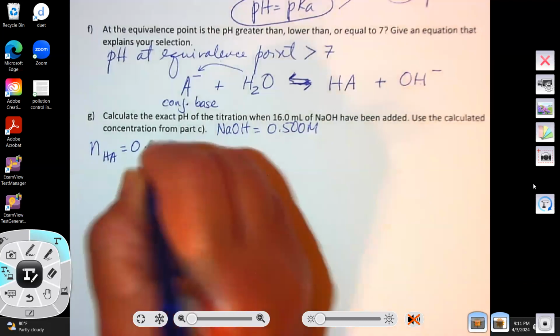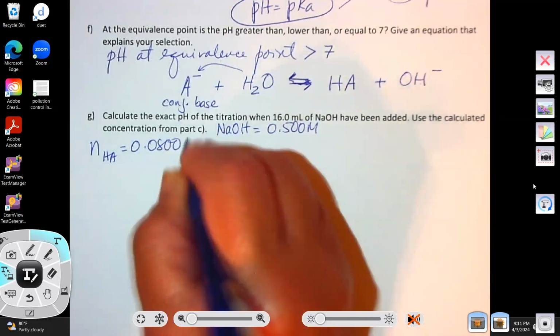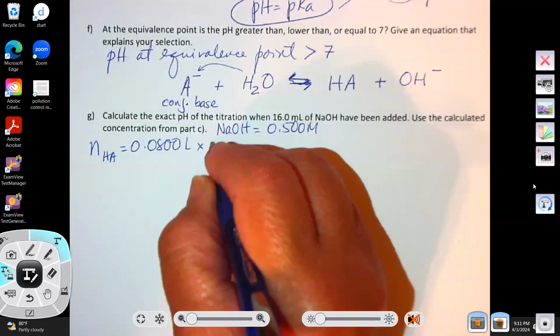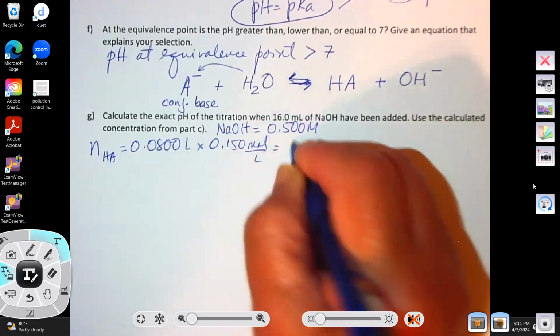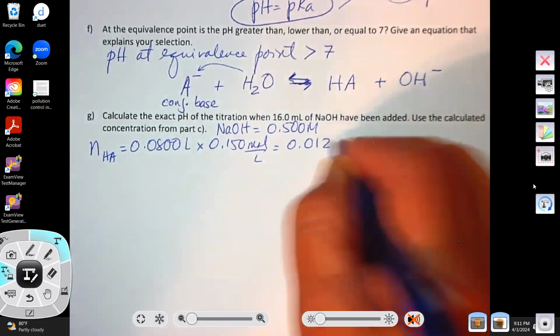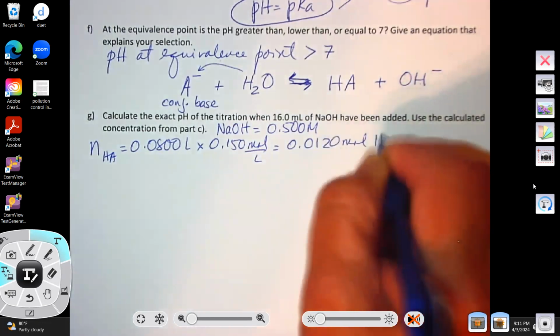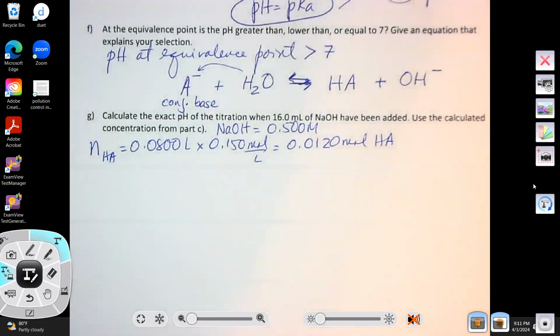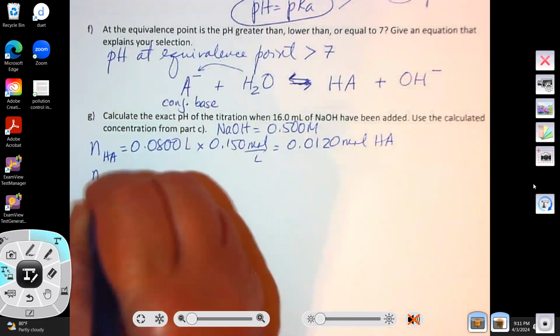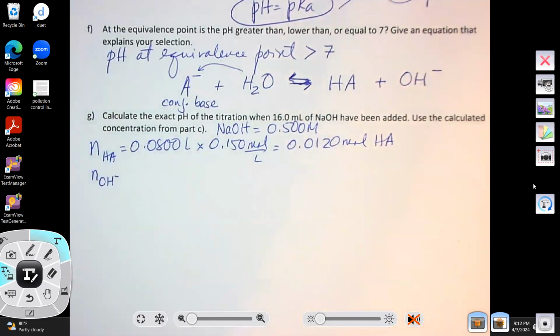It's 80 milliliters times 0.15 moles per liter. So this is 0.012 moles of the acid. This is what we have. And then what is the number of moles of the sodium hydroxide that we are adding?